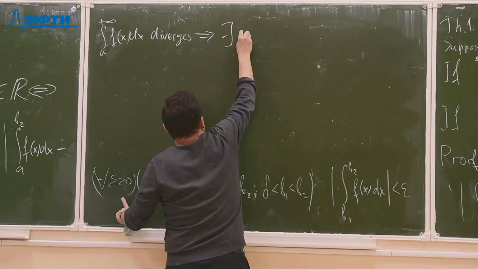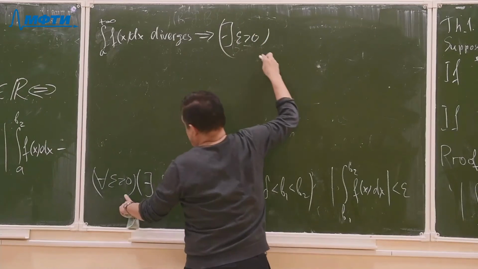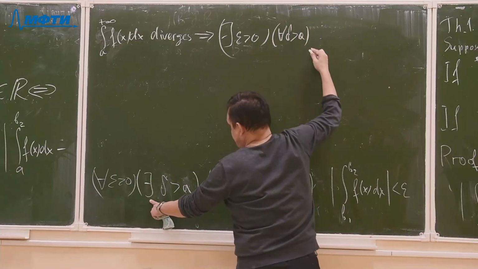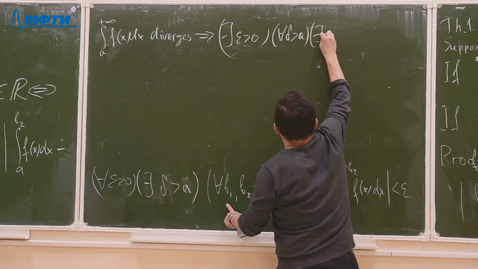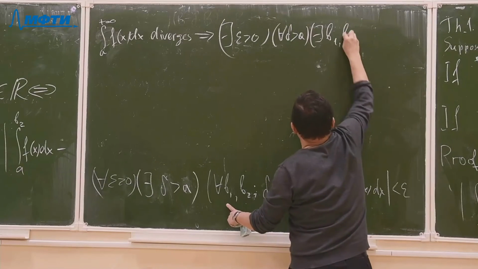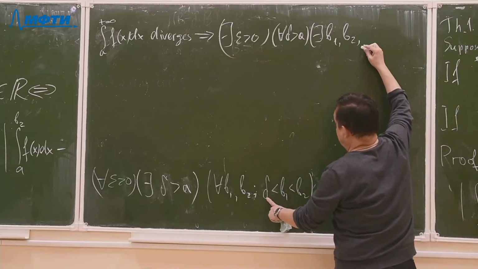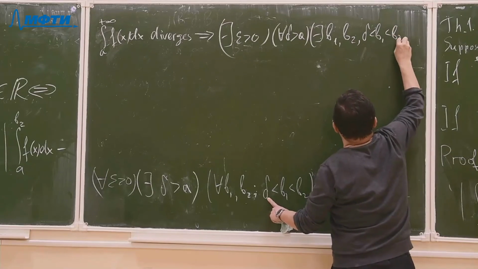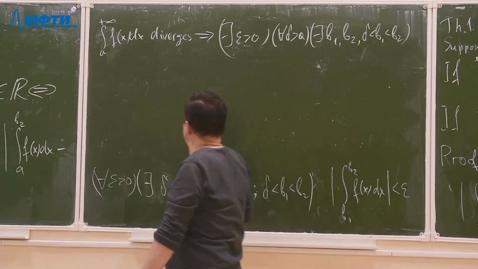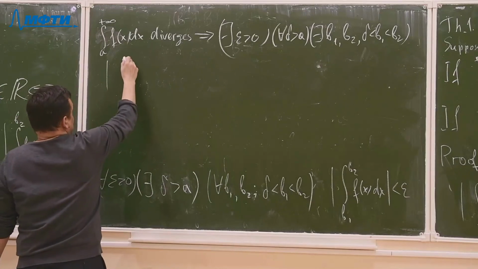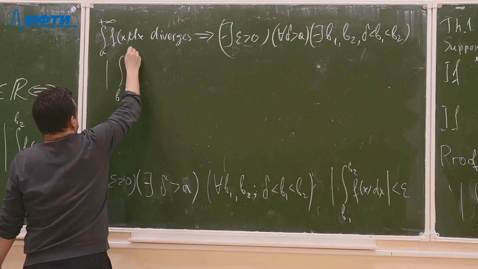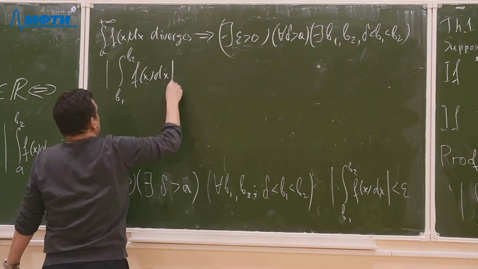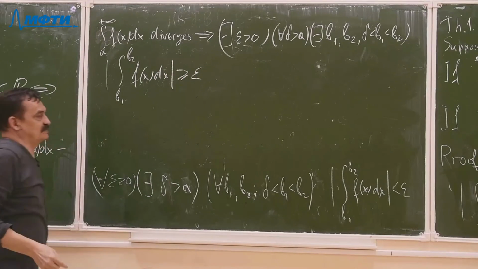There exists epsilon greater than 0 such that for all delta greater than a, there exist b1, b2 such that delta less than b1 less than b2, and the opposite inequality, the integral from b1 to b2 of f of x dx greater or equal to epsilon, is satisfied, right?